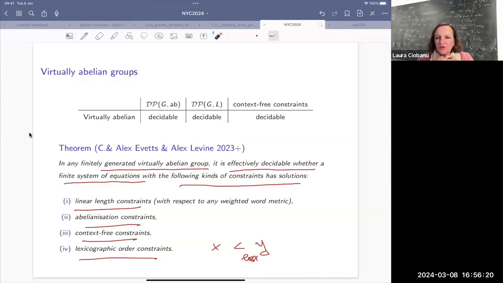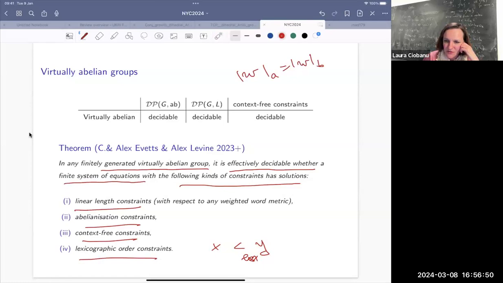But so in a free group, depends how you write it, but for example, to start with the exponent sum. If you want all the words where the exponent sum of A is the exponent sum of B, that is not regular, right?